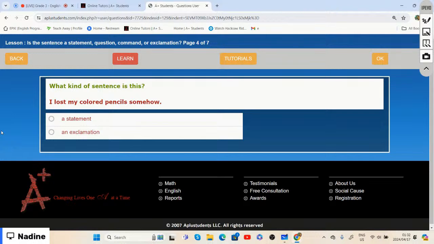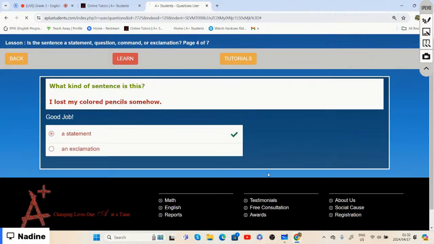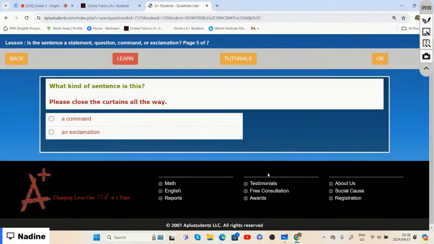All right, and if we choose what kind of sentence it is, then we can say it is the first option, right? Which is just a statement that is being made. So, first option, which is a statement. So, well done. Statement is correct.